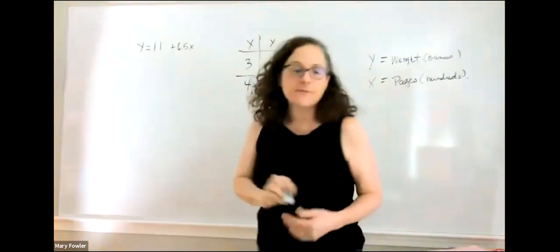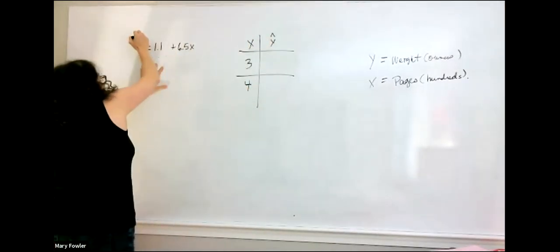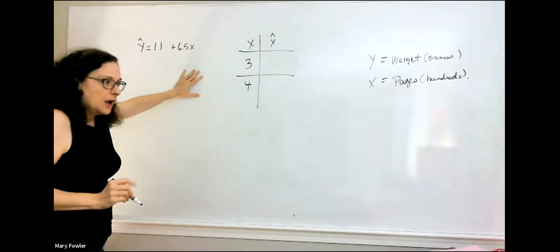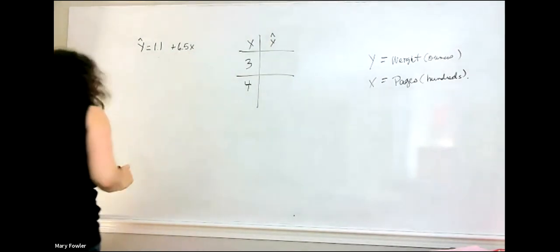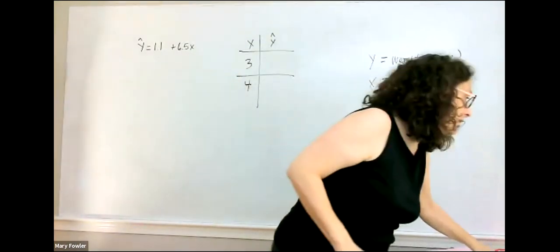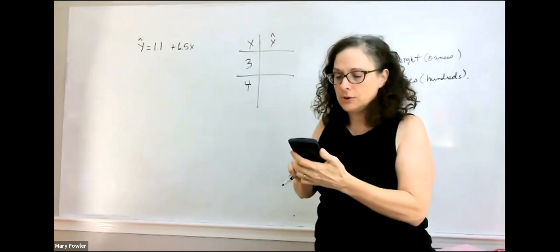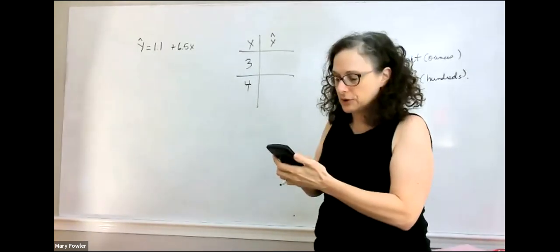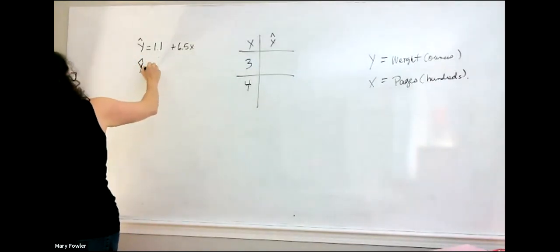And let's go ahead and figure out what Y is, what is Y hat, right? So what does the model predict? We're using it for prediction. We get when we put a 3 in there. So let's go ahead and use our calculators to predict the weight of a book that is 300 pages.